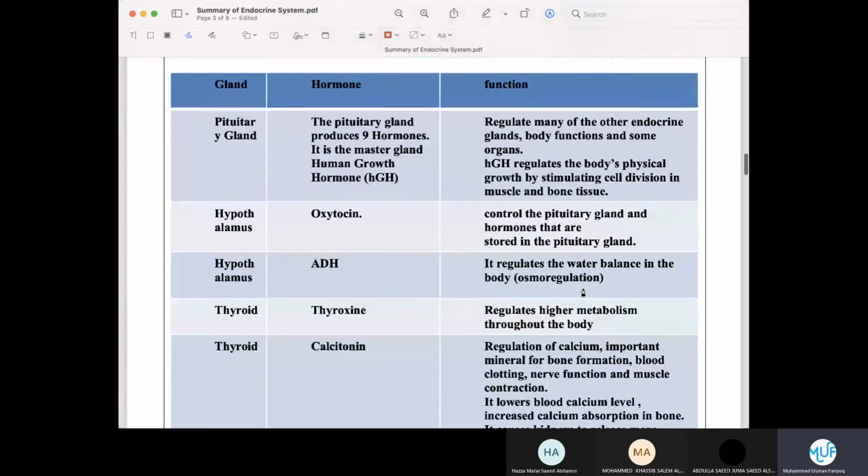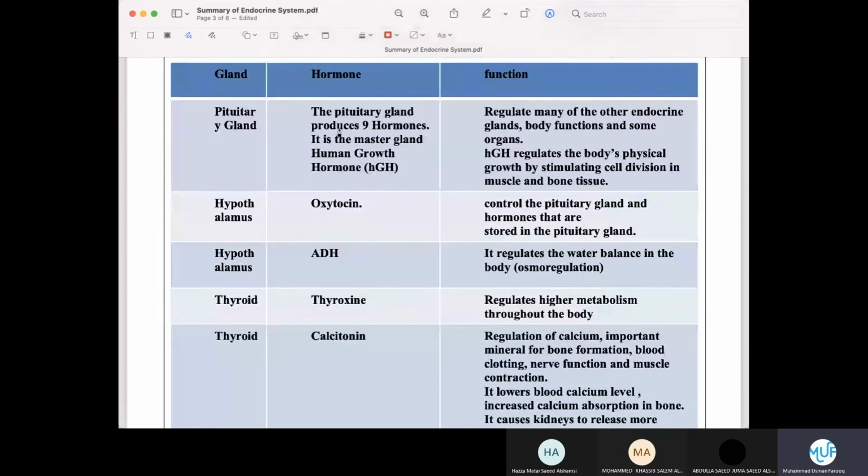Now let's go into more detail of each gland and its hormones and their functions. So we will see that. First of all, the pituitary gland. The spellings are just scrambled, so I will write them again here.